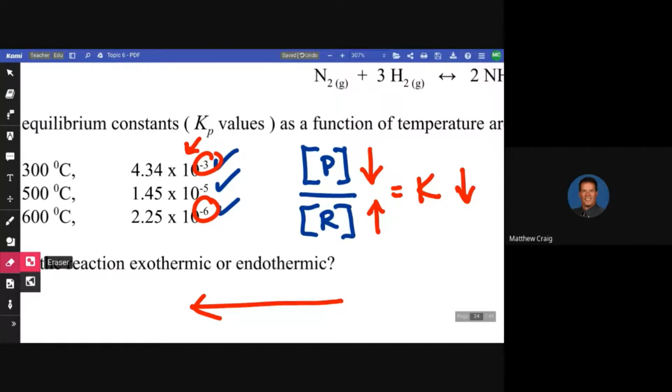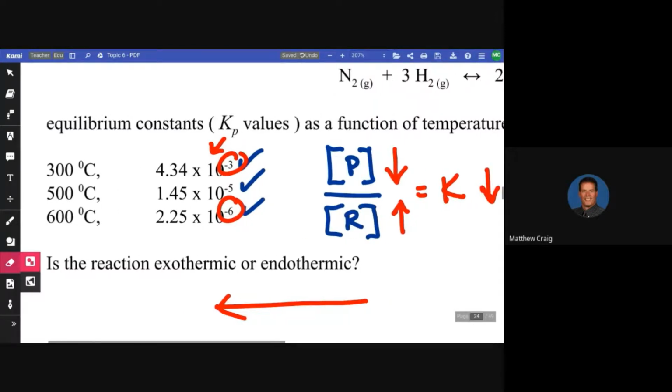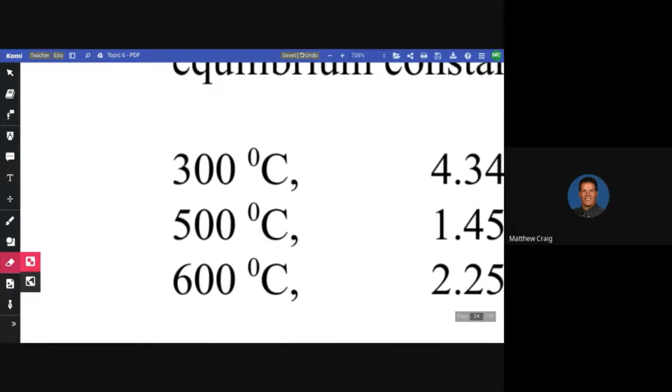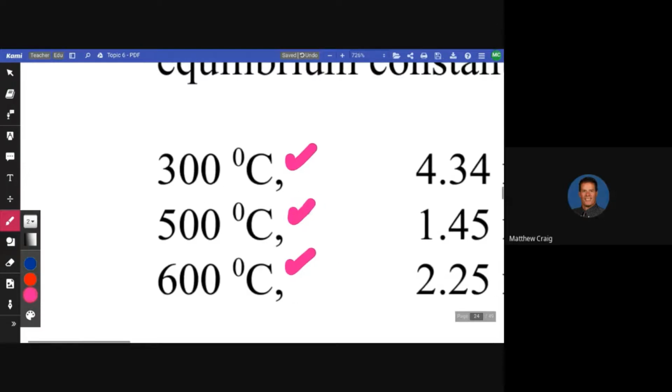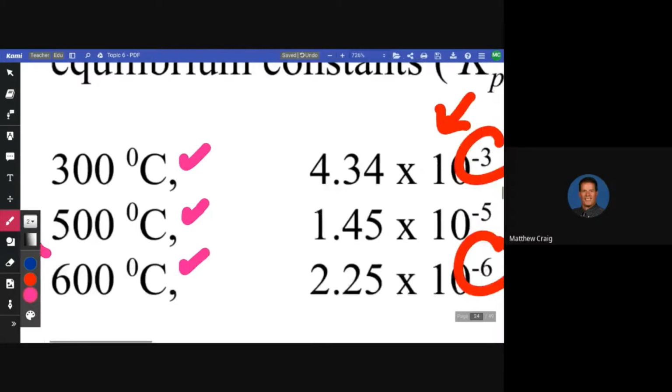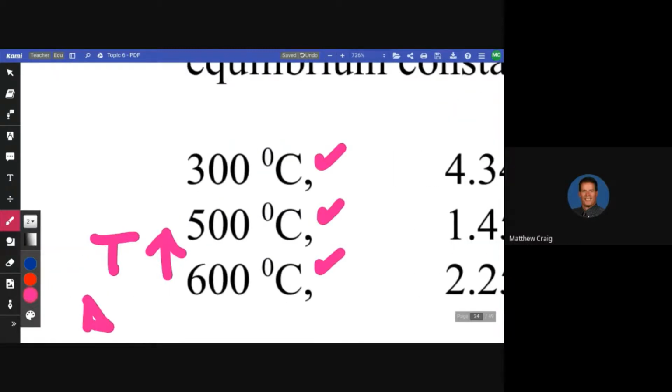Now the question is, are we adding or removing energy? In other words, temperature is a measure of how much energy is present. So going from here to here to here, what has happened to the temperature? Temperature has increased, meaning that we are adding heat.